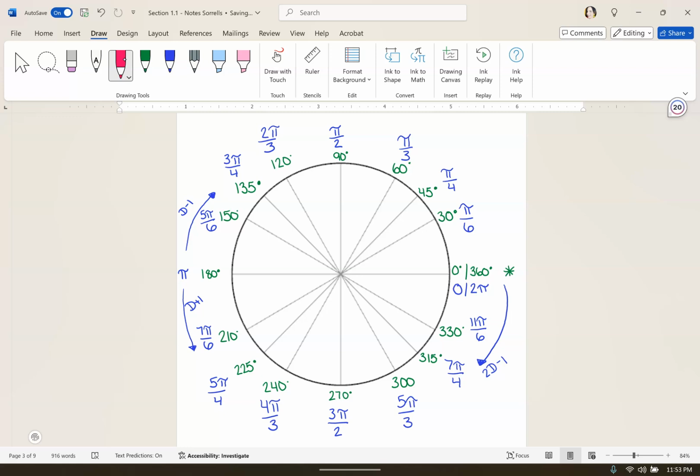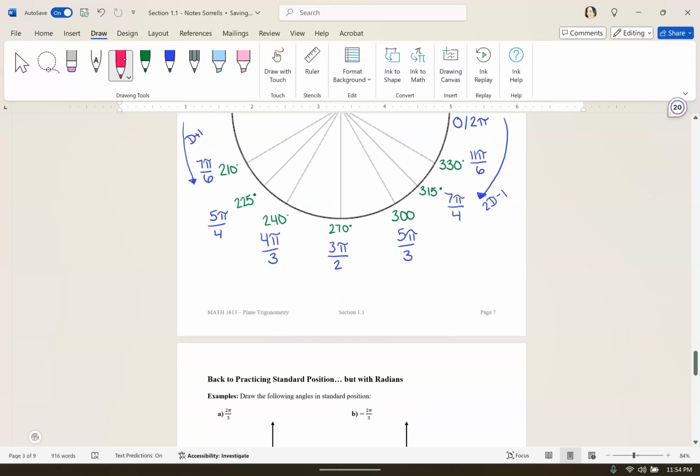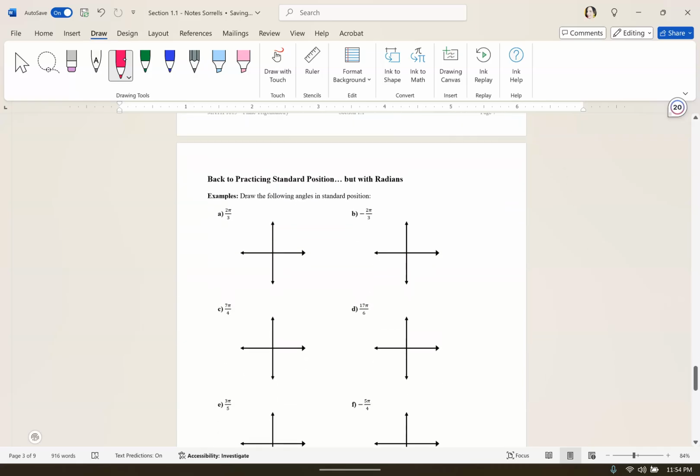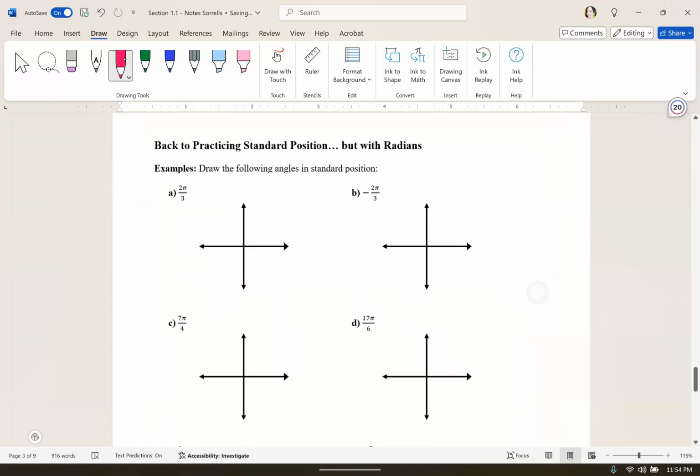Because if you can get this down, then when I do the next part, you just have to add to it. Okay, so I went ahead and did that, hoping that it would kind of help you because we are about to re-practice our standard position, but this time it's with radians. Okay, so at least now you have your unit circle to help you some.